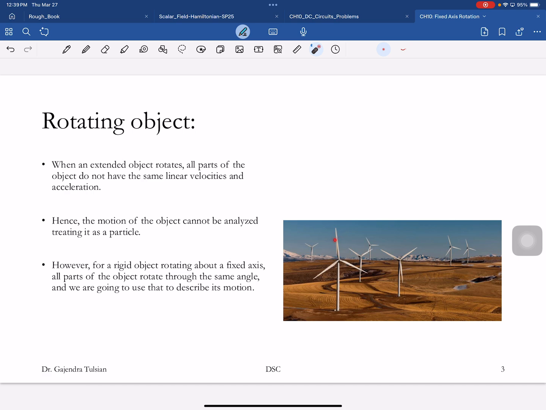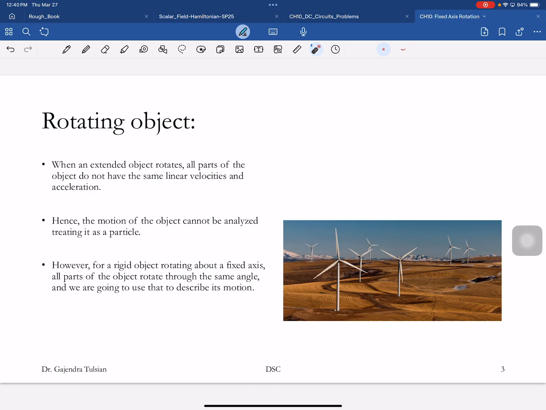All right, so here is a rotating object. When an extended object rotates, all parts of the object do not have the same linear velocity and acceleration. When this rotates, this tip is moving much faster than this point. They all don't have the same velocity. The tip is moving a longer distance.